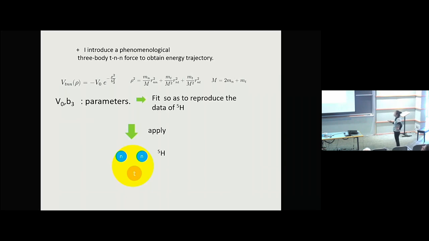Here, V0 and the range of the Gaussian potential, this V3, are free parameters. These are fit so as to reproduce the data of hydrogen 5. So we have the two-body NN interaction plus the Tn two-body potential plus the three-body potential, and we apply this to the three-body model.